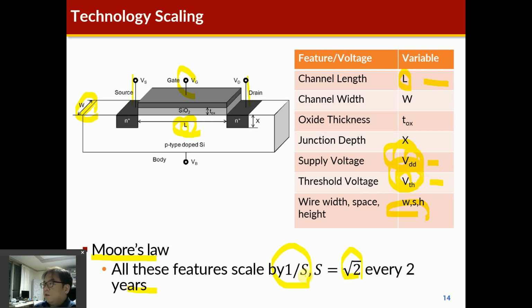With this scaling factor, the number of transistors doubles every 2 years, because the square root of 2 is a one-dimensional factor, but area is 2D, so the area of one MOS transistor becomes half every 2 years. That's Moore's law.